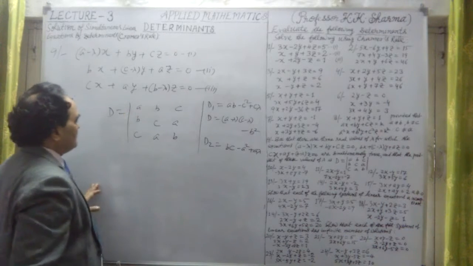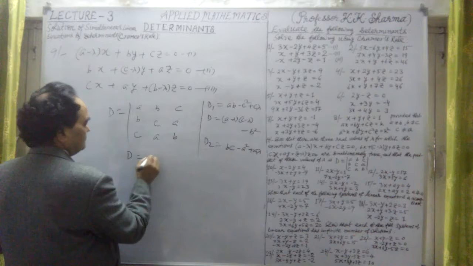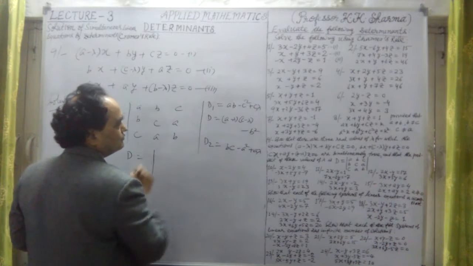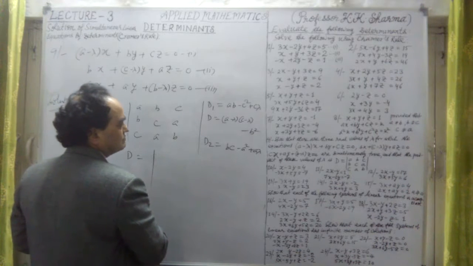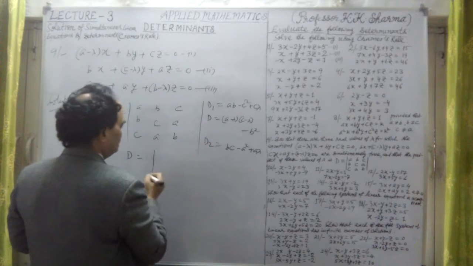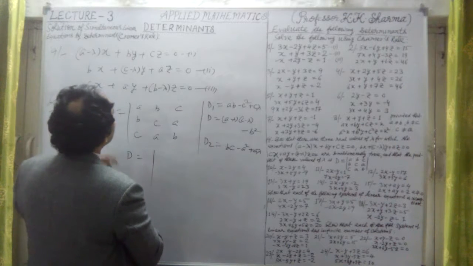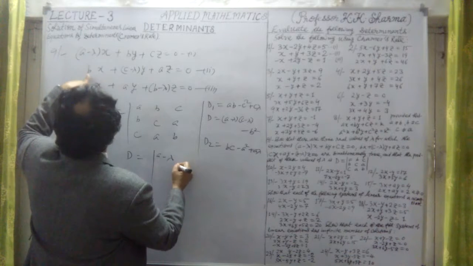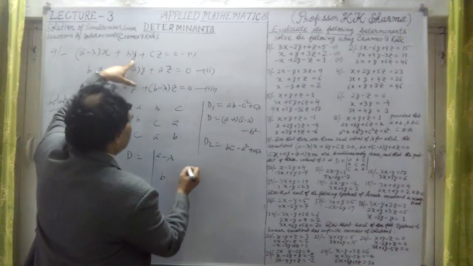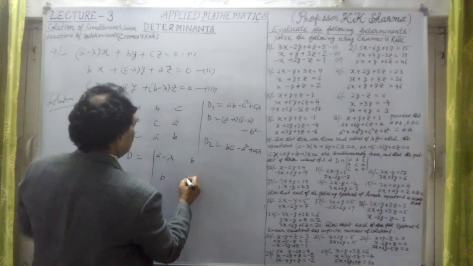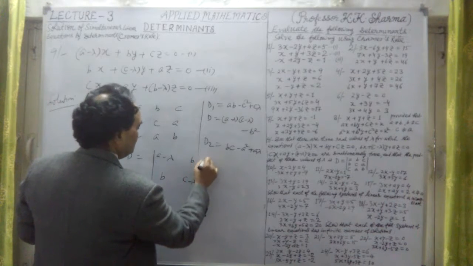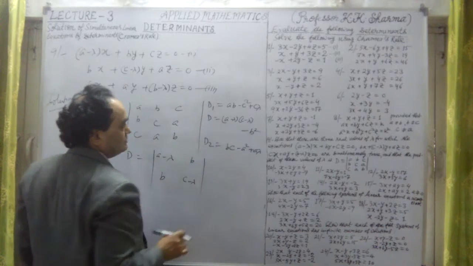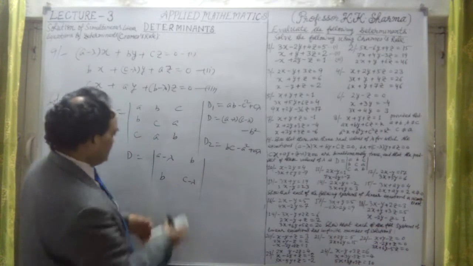So the value of D was okay. The value of D was this value. D is A minus lambda into C minus lambda, the coefficient of y is B, minus B square. This value is okay. D is okay, but D1 and D2 I have just calculated wrongly. Why?